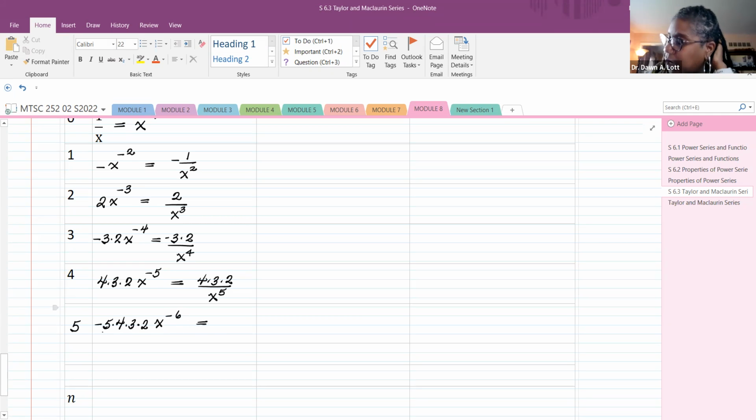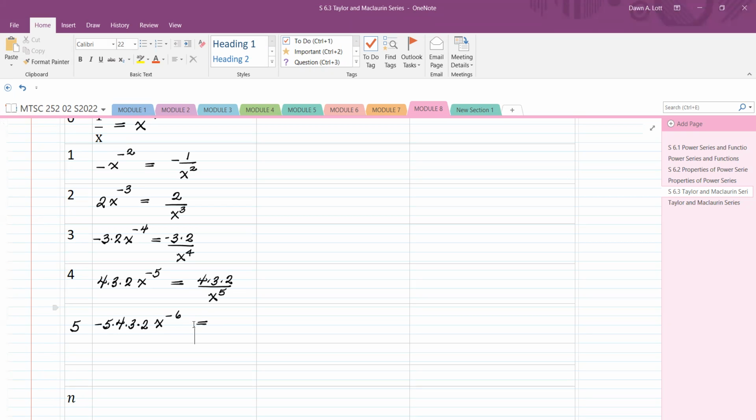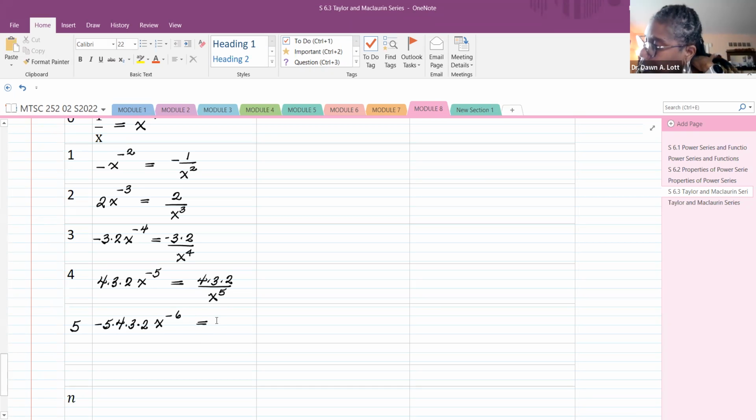But this 5 times 4 times 3 times 2 has a special name. What is that, when you multiply a number by all the numbers that are less than it? Factorial. So this looks like negative 5 factorial over x to the 6.